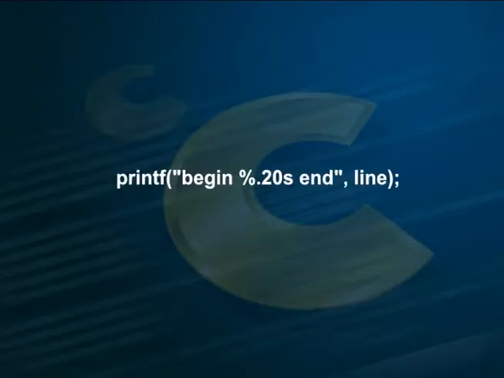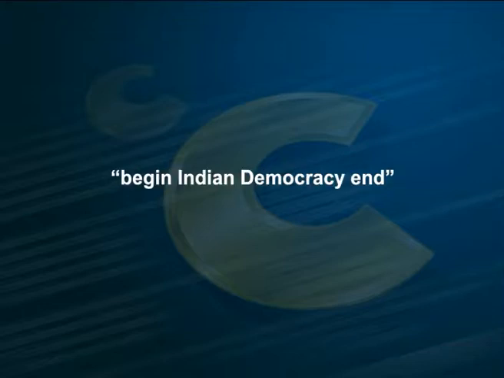If this number is more than the length of the string, it does not do anything. For example, printf("begin %.20s end", line); displays begin Indian democracy end because the string length is less than 20.